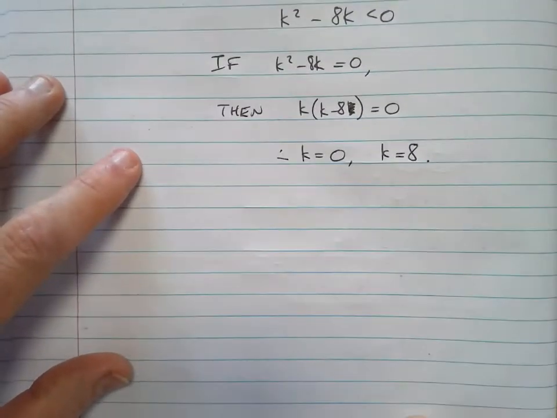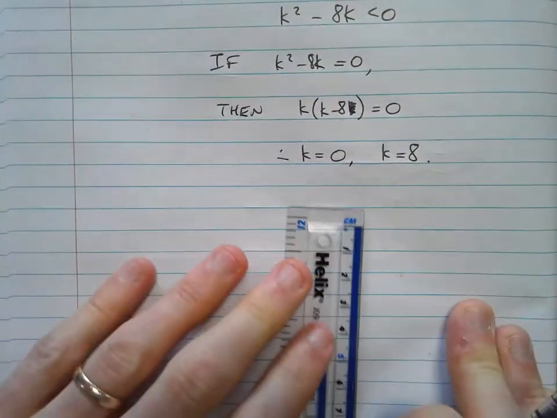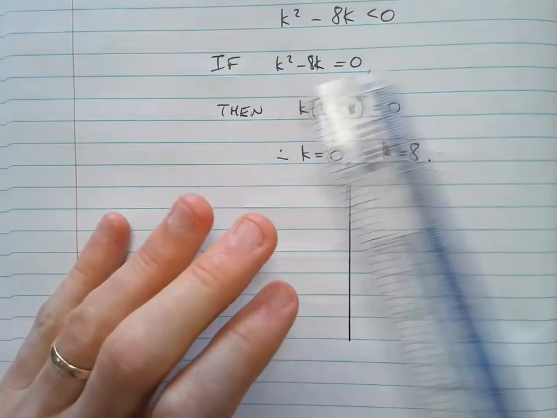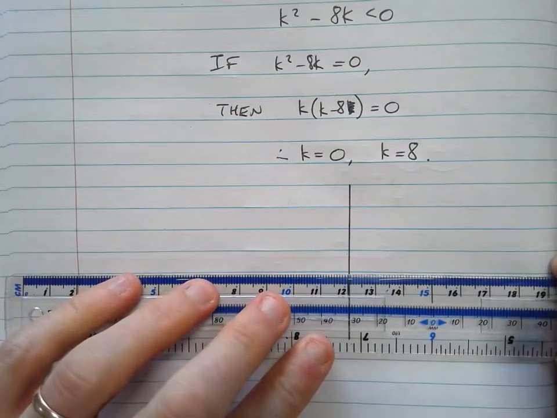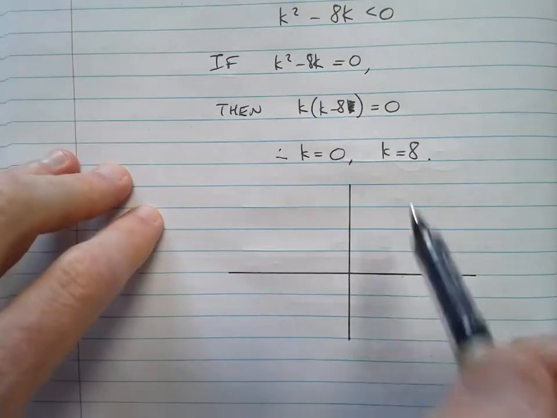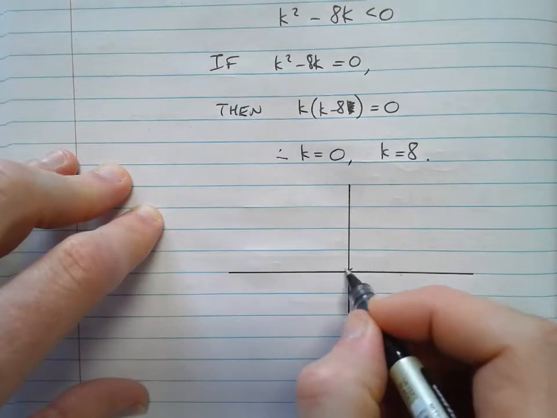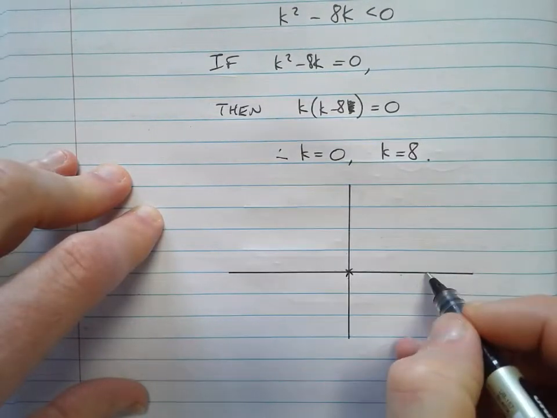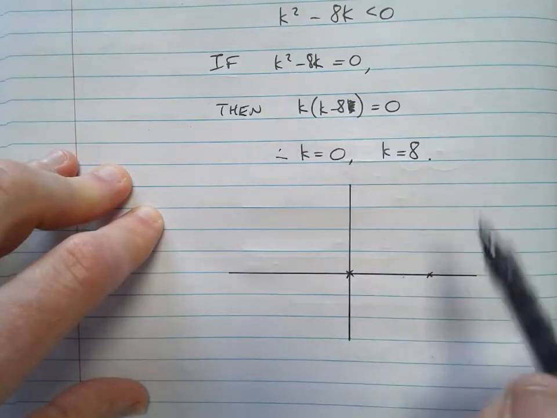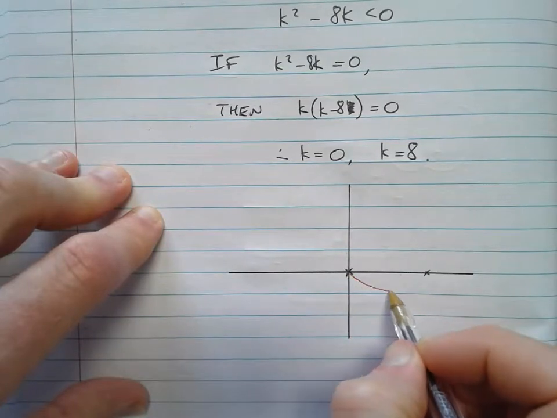Now what that does is allow us to draw a quick sketch of the graph. k squared minus 8k would give roots of k equals 0, k equals 8. k squared is a positive squared term, and so the shape of our graph would be a U-shape.